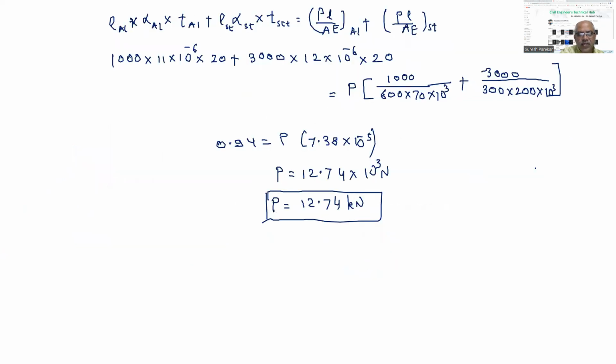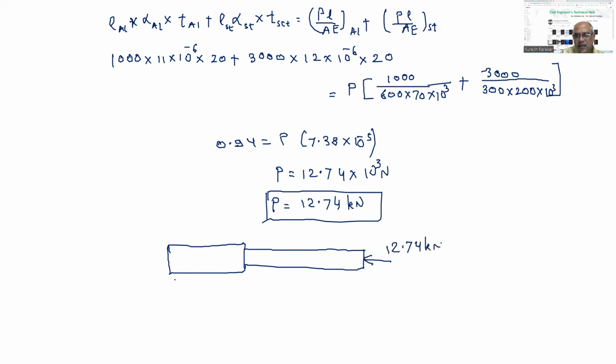So in the examination, you can draw this diagram. You can show aluminum, so this is 1 meter. Be careful with this, and this will be greater than aluminum, 3 meters. And then you show these forces. So tensile, compressive force, because it tried to elongate. And therefore we have reactions in this fashion which are compressive, 12.74 kilonewton.